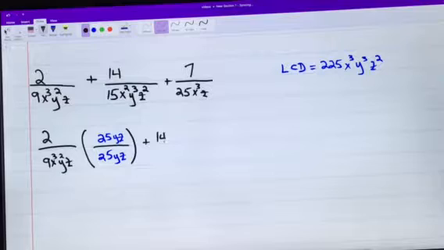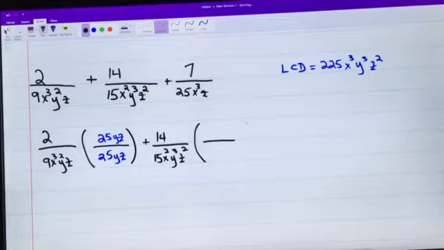For the next rational expression, 15 into 225 goes 15 times. We have x squared into x cubed, so we have x. And we already have y to the third and z squared.